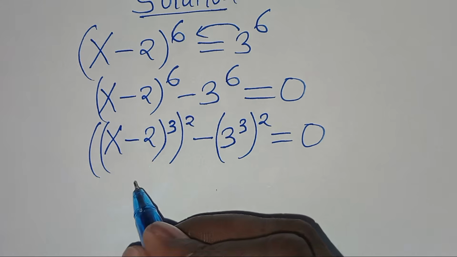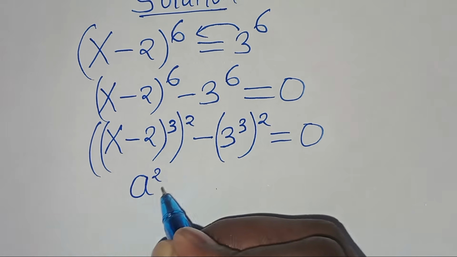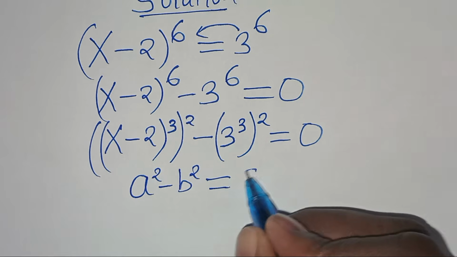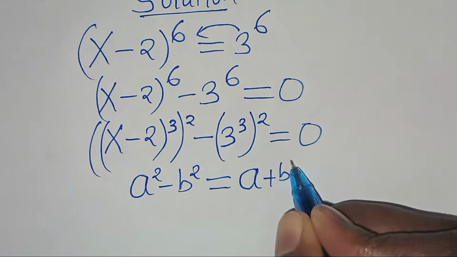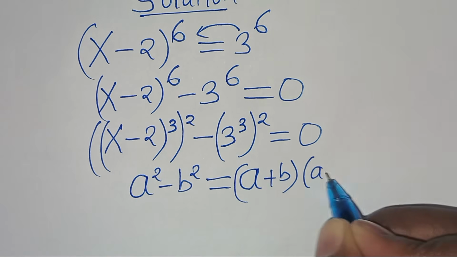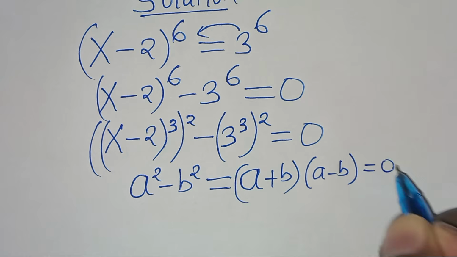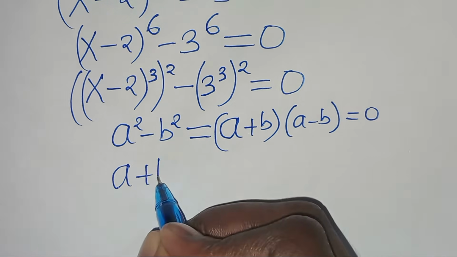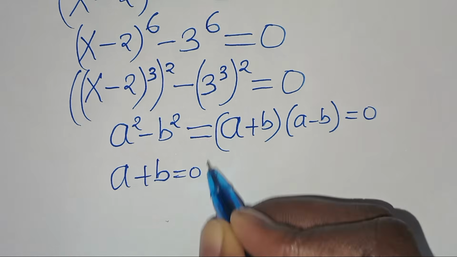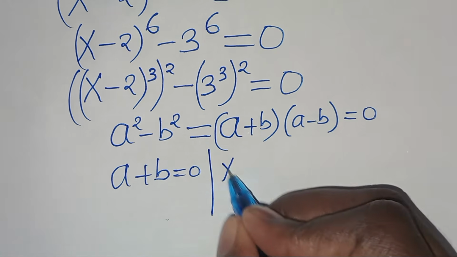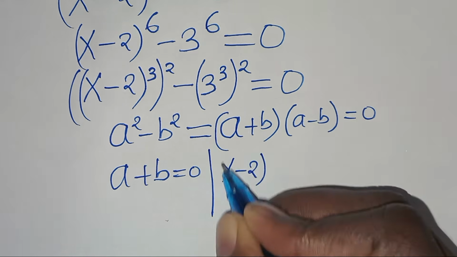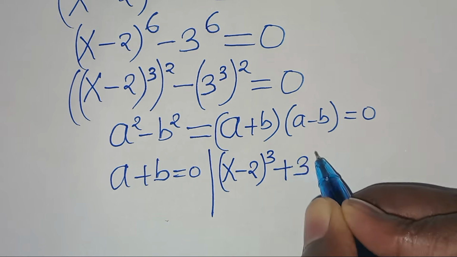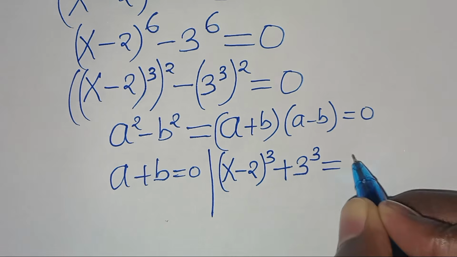This equation is in the form of a squared minus b squared. This is the difference of two perfect squares that we can express as (a + b)(a - b) = 0. Now we have that a + b = 0, which is the same thing as (x - 2)^3 + 3^3 = 0.